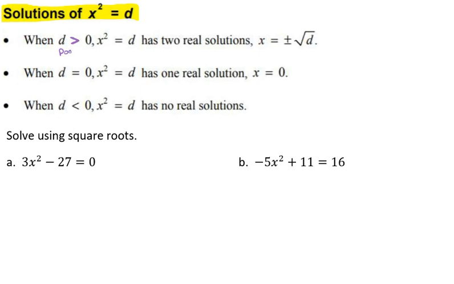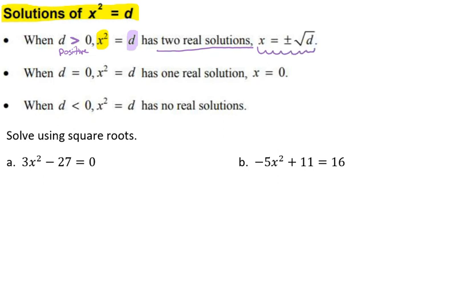Greater than 0 means positive. So when d is positive, then that tells us that our x squared is going to be equal to our d. And it's going to have two real solutions at x equals plus or minus the square root of d.